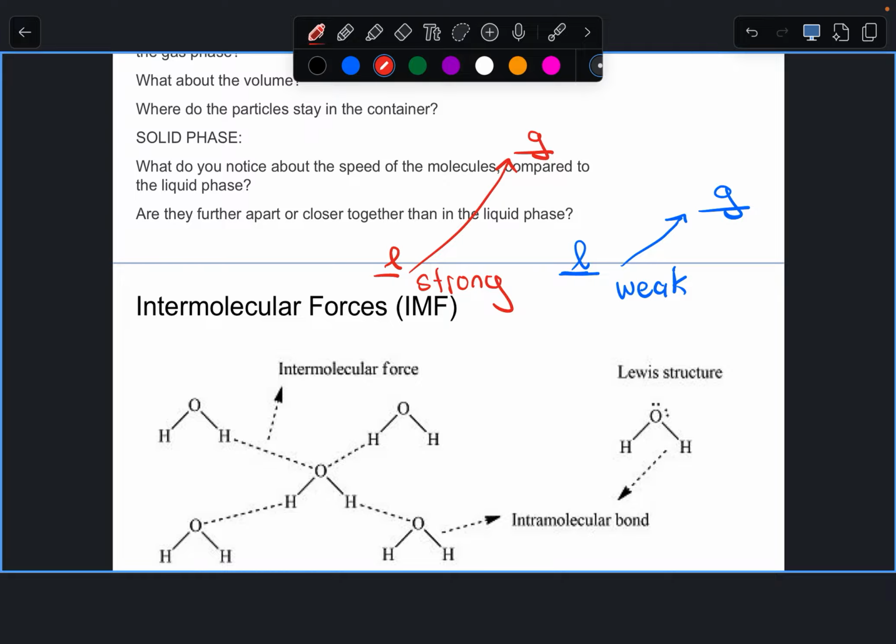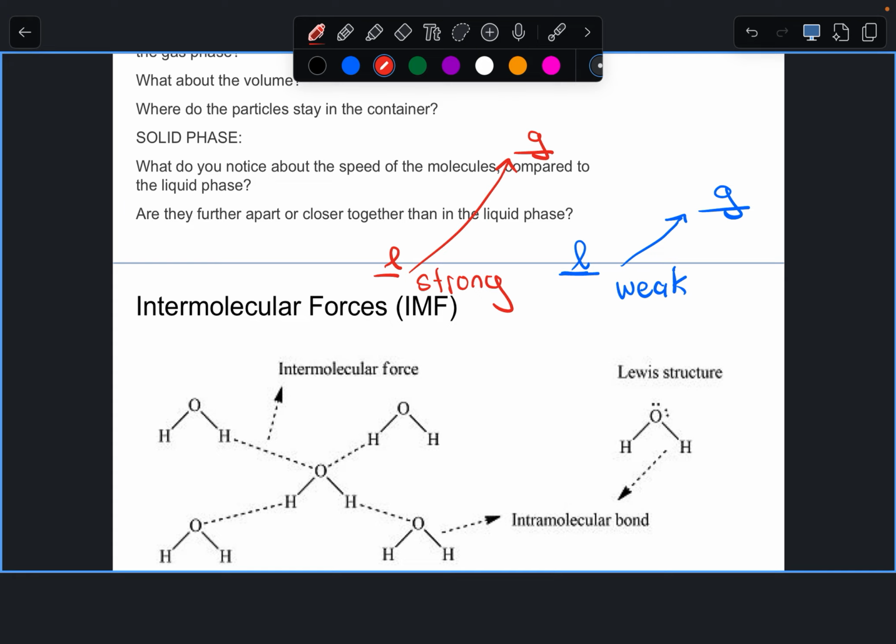Whereas if you've ever used coconut oil in cooking, it's a solid at room temperature, but the second you touch it, it becomes a liquid. Okay, so its melting point is somewhere right around between room temperature and body temperature, and that's enough energy to get those forces to break.